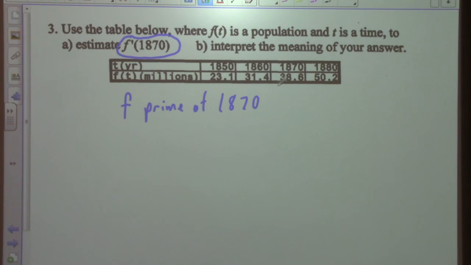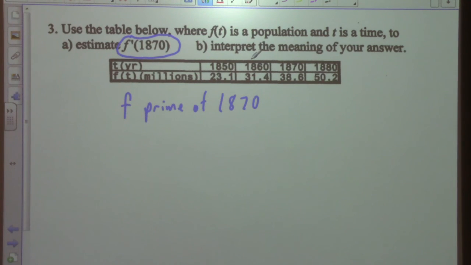What you're trying to find is a rate of change, because here's the population and here's the time. AP, and we're talking about AP a lot today, has different standards for this. You're trying to look for values on either side of 1870.